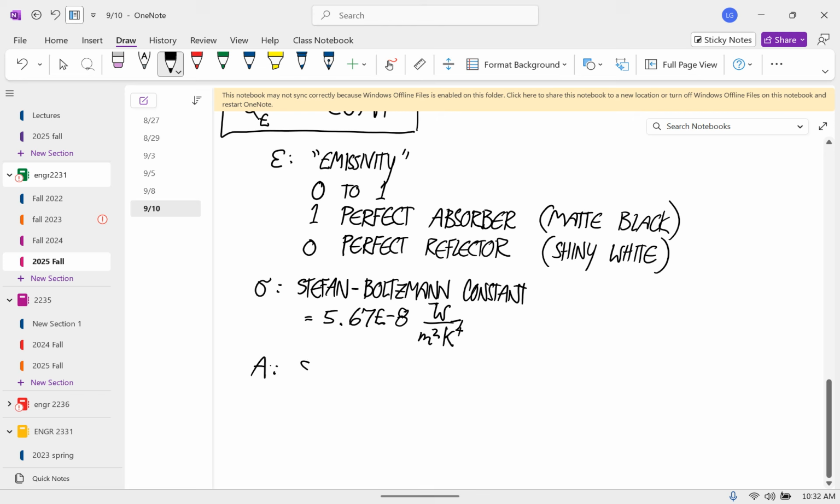A is the surface area of the body. And capital T is the temperature of the body in Kelvin.